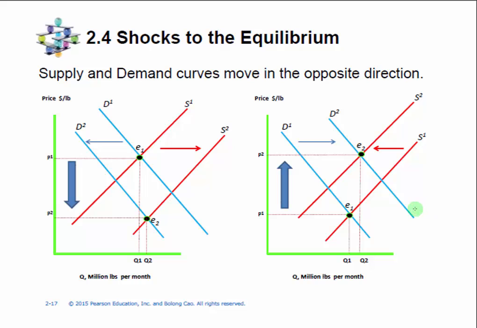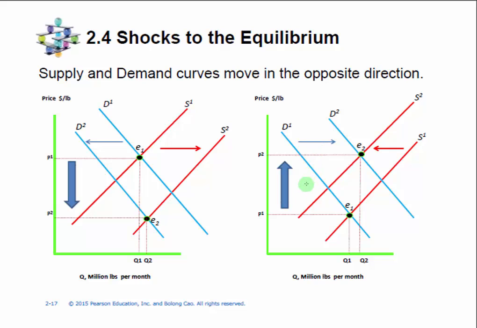In the picture on the right, we have an increase in demand, but a decrease in supply, and that drives up the price a lot. The equilibrium quantity here also increases, but you can imagine if the supply curve, this S2 here, shifts further to the left, you will have a new equilibrium quantity that is lower than the initial equilibrium quantity Q1.